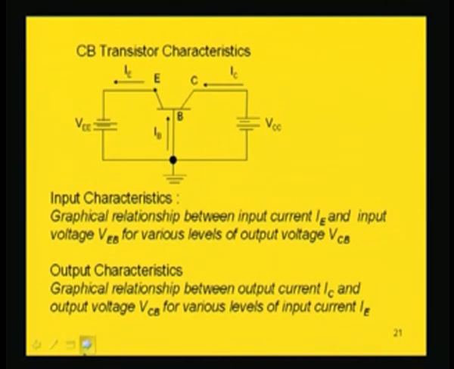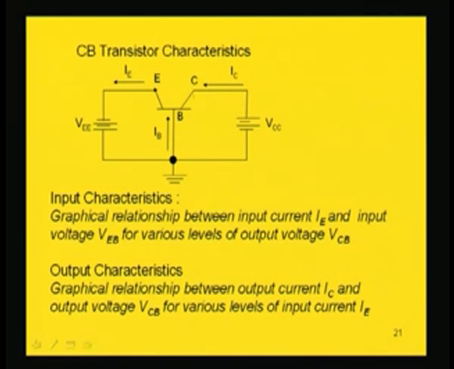So, there is a family of curves that can be drawn representing the input characteristic as well as the output characteristic. The input characteristics will be the graphical relationship between input current IE and input voltage VEB for various levels of output voltage VCB.